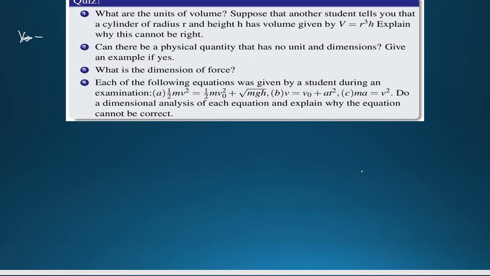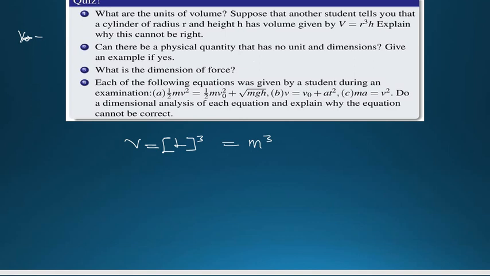Since I still have space, the units of volume is going to be L to the power 3, because the dimension is L to the power 3. This is what we were doing. So the units are meters to the power 3, cubic meters.